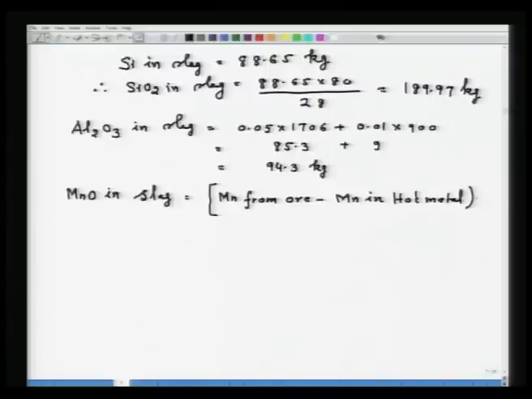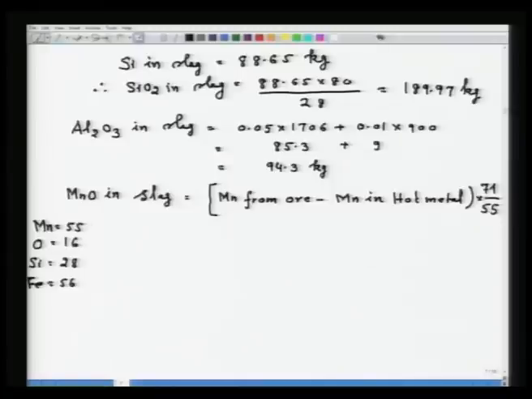So, we have to convert it by 71 upon 55. The atomic weight of manganese that I have taken is 55, oxygen as usual 16, silicon 28, iron 56.